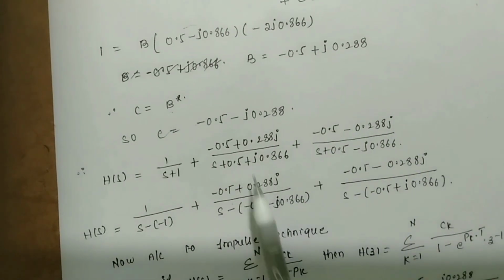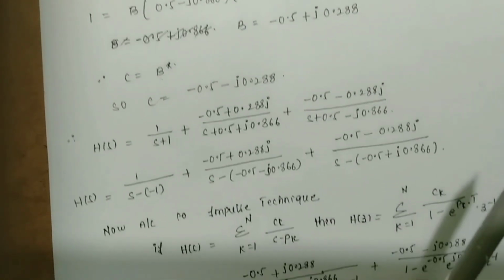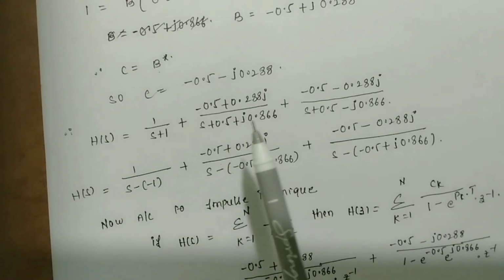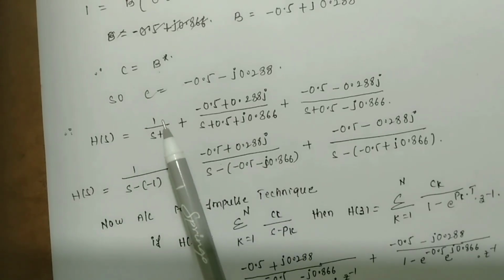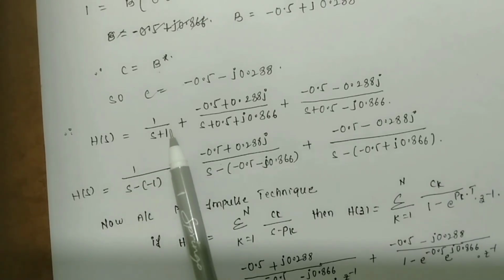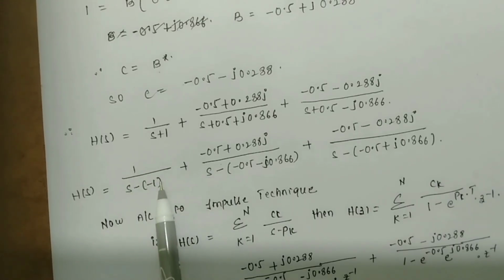At last we have to substitute the values of a, b, c, and we have to represent this as ck by s minus pk. You have to represent that in the form ck by s minus pk, so that only then can you apply the impulse invariance technique. Here ck is 1, and this plus I am writing as s minus of minus 1, so pk, at p1, is minus 1.